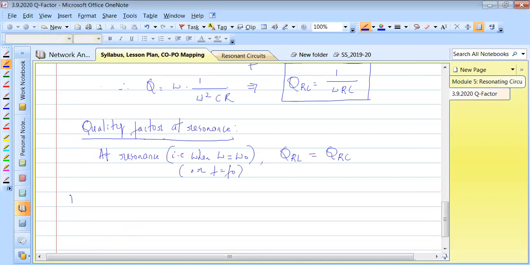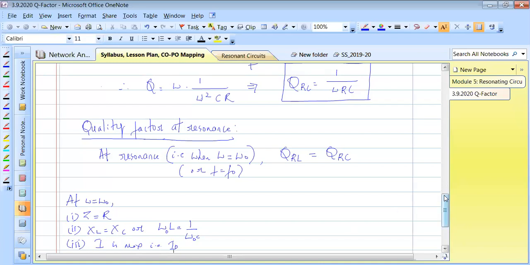We have seen at omega equal to omega naught, the current is maximum, or the first condition is Z is R. The second condition is XL is XC, or omega L is equal to 1 by omega C. We should not write omega, but we should write omega naught because omega has become omega naught. And the I is max, that is I naught.